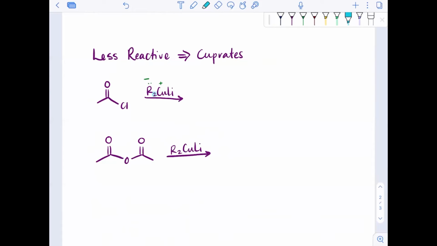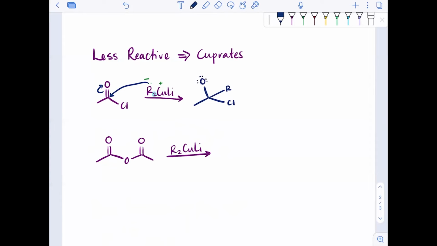The 2 are there to stabilize the copper lithium complex, but these again are less reactive in terms of our carbon nucleophilicity. So only one of our R groups will get added.